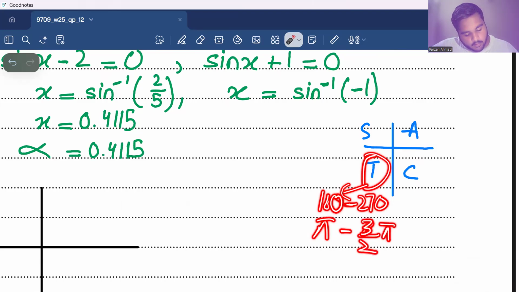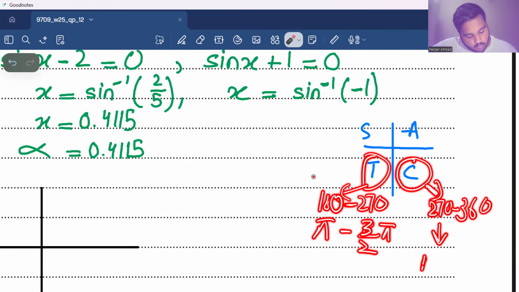And in this it is 270 till 360, which means 3 upon 2 pi till 2 pi.